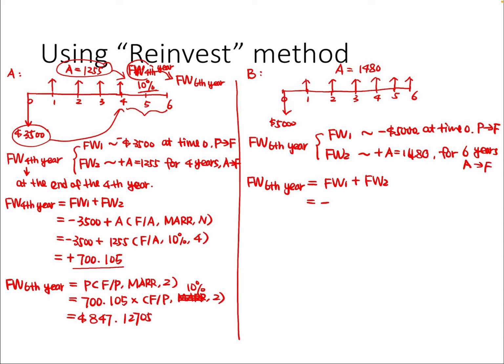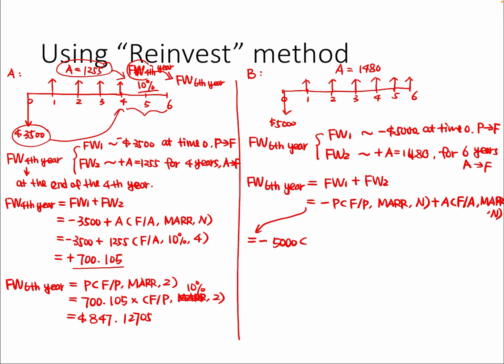So FW1 is negative, and because it's to convert P to the future, so the formula is P times F slash P, MARR, N. And FW2 is annuity positive, so it's A F slash A, MARR, N. Okay, so I'll just write it here.